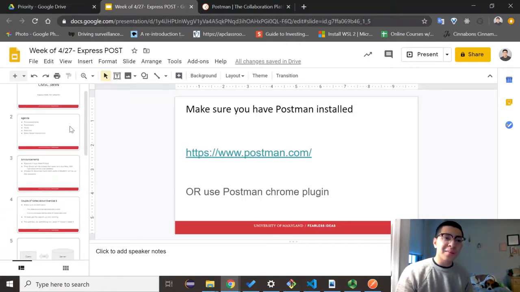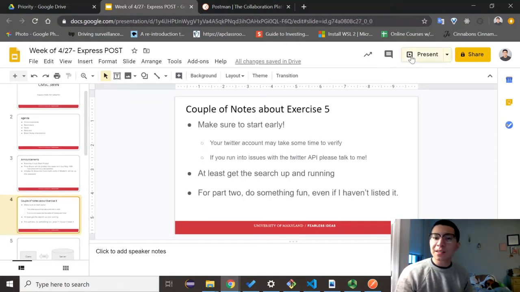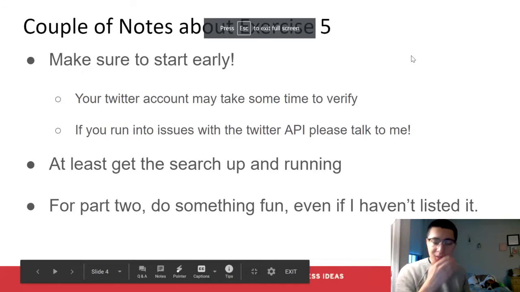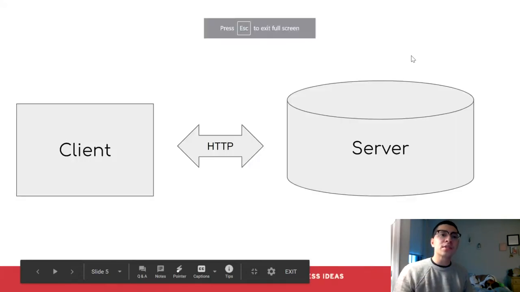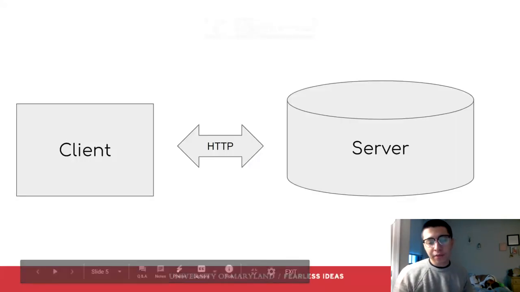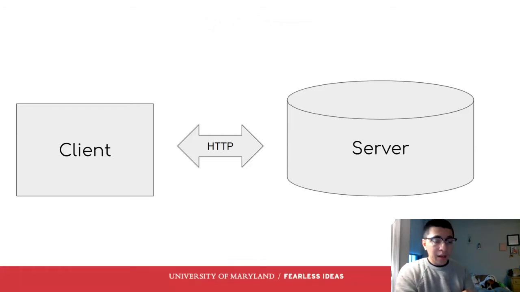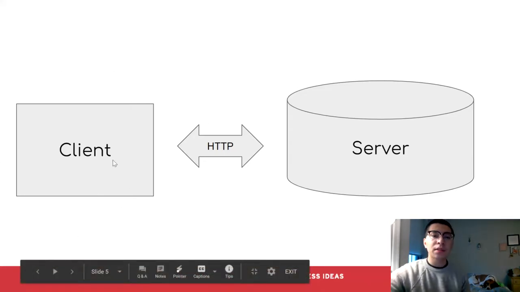All right, so let's talk about content. We talked about this in the last video. If you haven't looked at the announcement and things, go ahead and take a look at that first. Last time we talked about GET, which was trying to access information that was already on a server and return it back to ourselves. We were the client, and using parameters and different things, we were getting information off of the server.